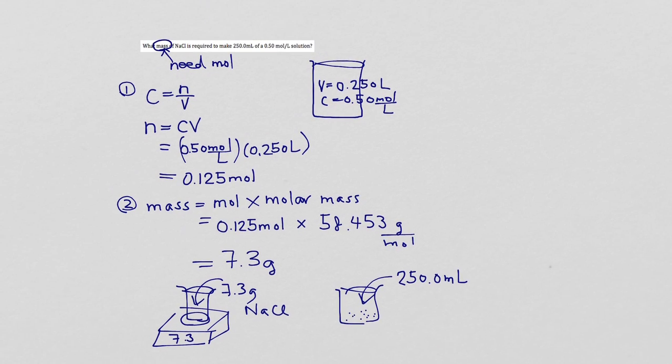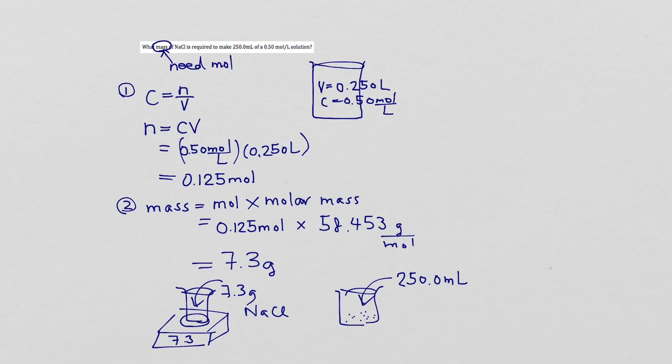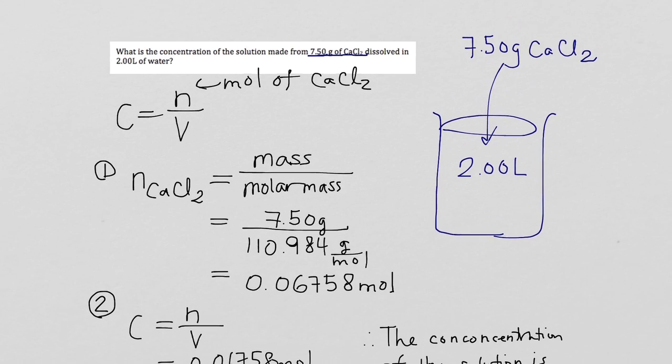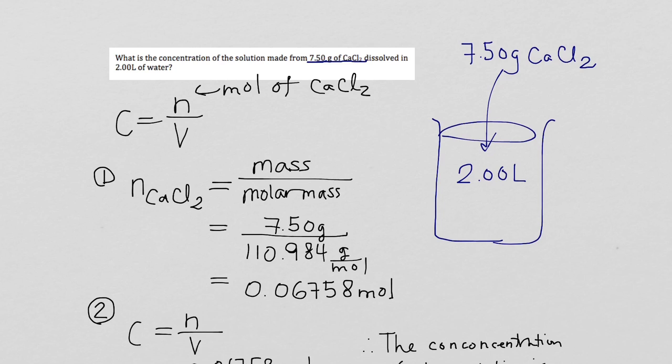So here we're using the same equations as before, but you're just calculating mass instead of calculating concentration. Let's look at a last example. What volume of a 0.8 molar solution can be made with 1.23 grams of lithium nitrate? So again, 1.23 grams, that means you're measuring it as a solid.